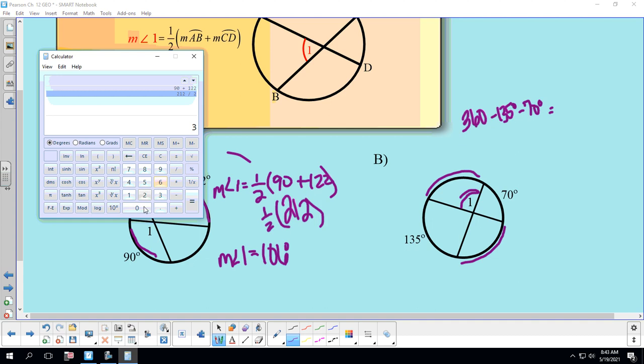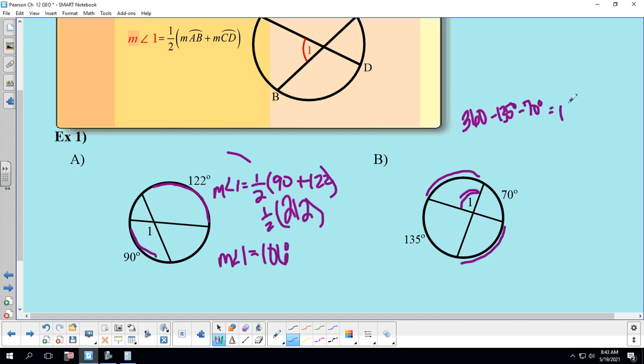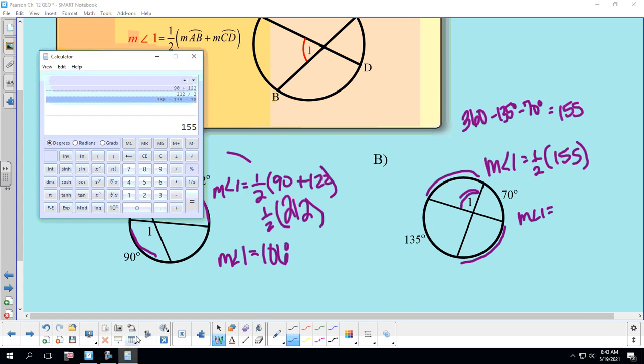So we go 360 minus the 135 minus the 70. So the sum of these two arcs is 155. So the measure of angle 1 is 1/2 of 155, which is 77.5.